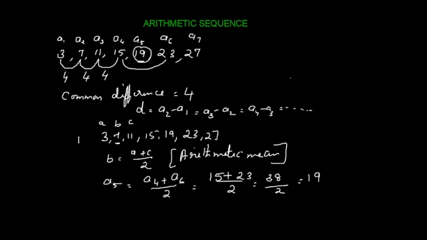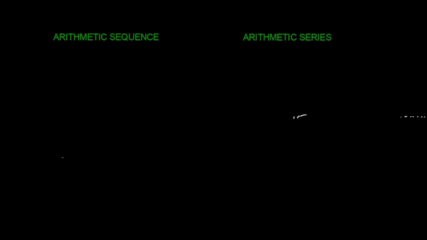What is the difference between an arithmetic sequence and an arithmetic series? A sequence is basically a list of numbers like 3, 7, 11, 15, 19, 23, 27. What is an arithmetic series? A series is the sum of numbers in a sequence.